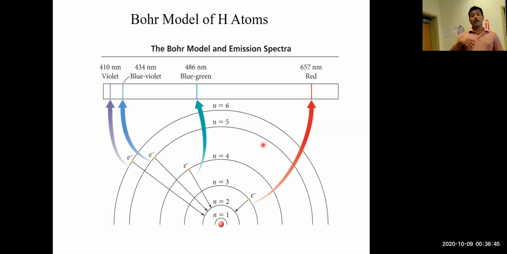Radiation comes out of matter when the excited electron stays in a high energy state and comes down to a low energy state. From n6 coming to n2. From n5 coming to n2.